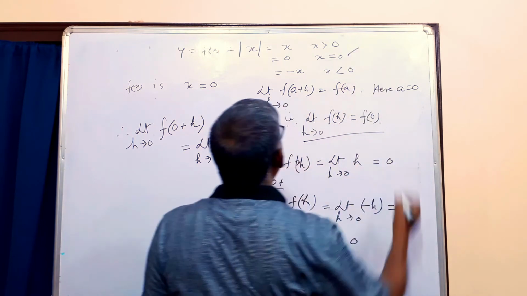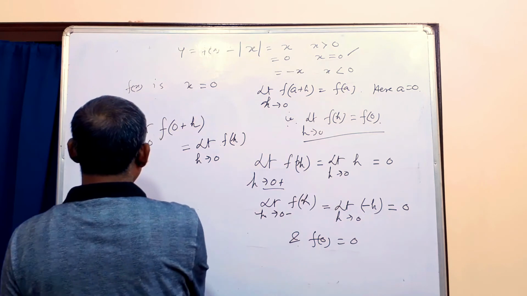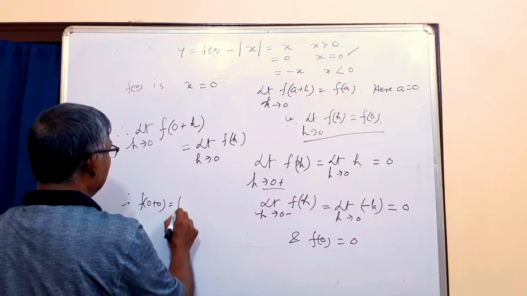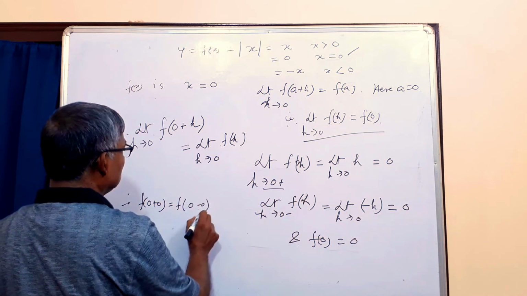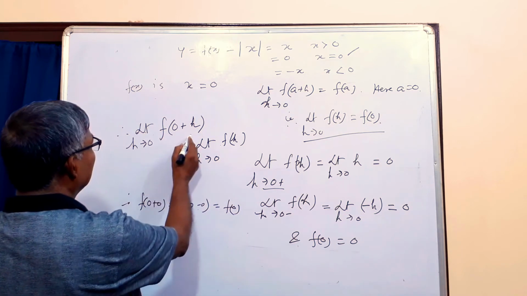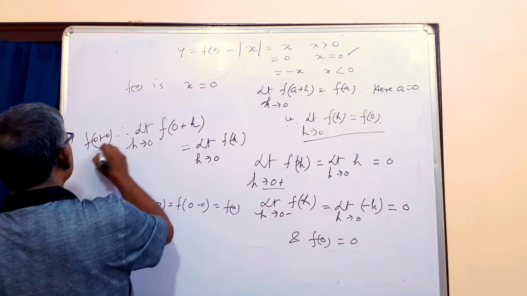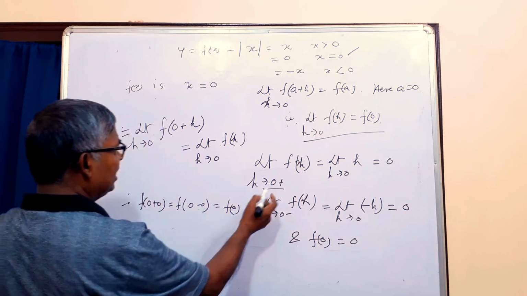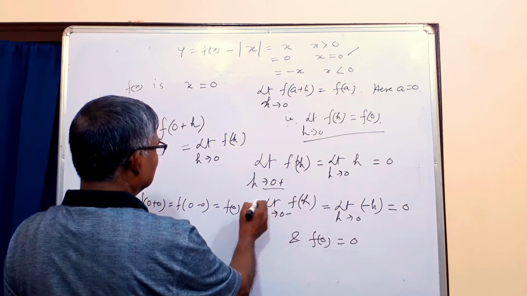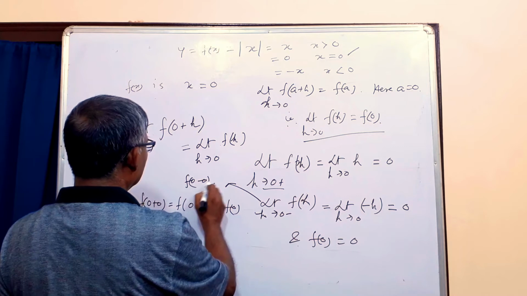You have seen here f of 0 means 0. Therefore f of 0 plus 0 equals to f of 0 minus 0 equals to f of 0.